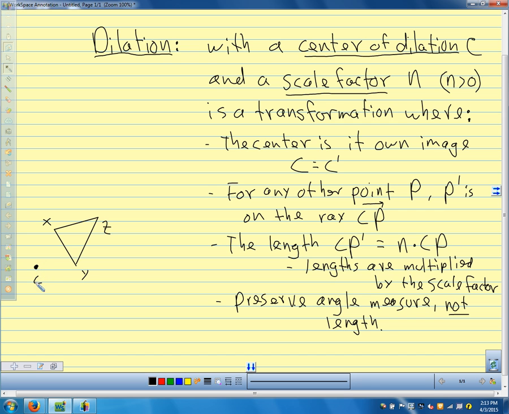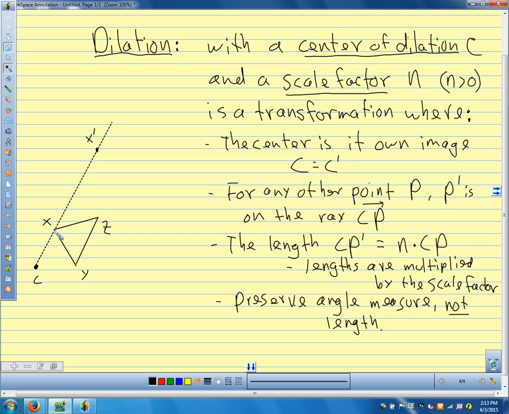So C would be C prime. This bit about the ray. So what we're going to do is draw a ray out from C through X, and our image point is going to be on that ray. So let's say X prime is there.